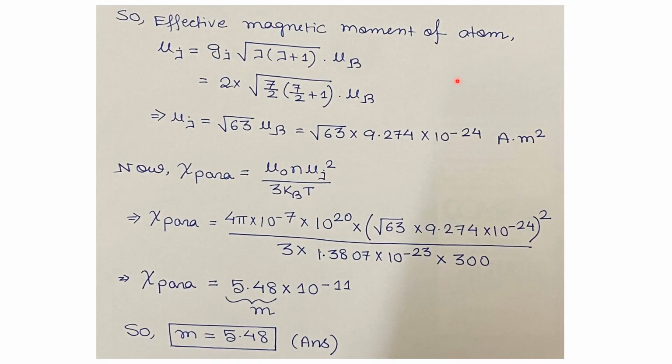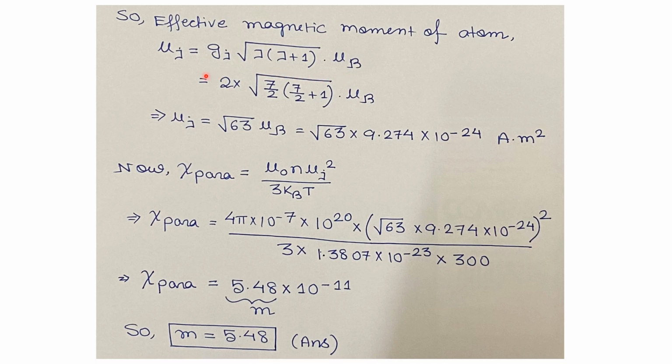Now we will calculate the effective magnetic moment per atom. The effective magnetic moment per atom is given by mu_J, which is given by this formula: mu_J equals g_J times root over J times (J plus 1) times mu_B. Here g_J is the Landé factor of the atom, J is the total angular momentum quantum number of the system, and mu_B is the Bohr magneton.